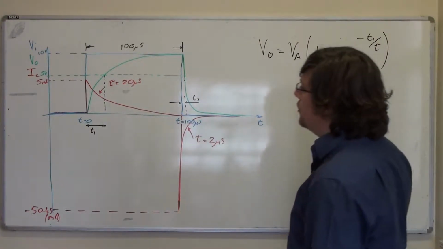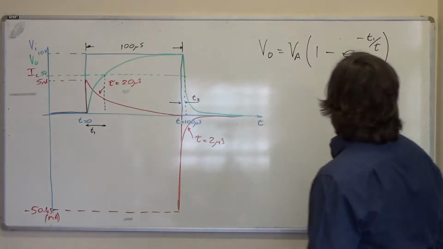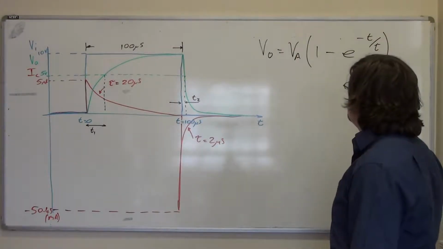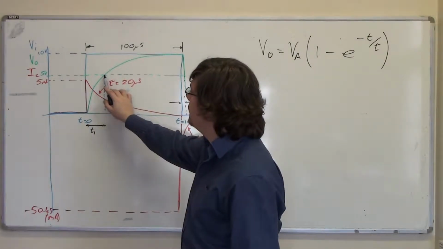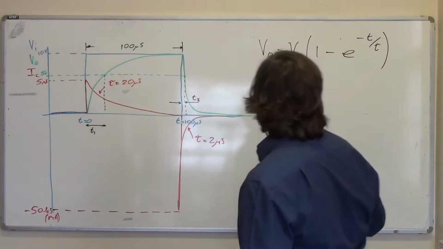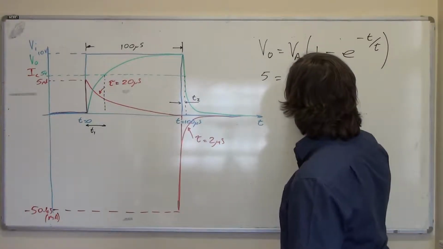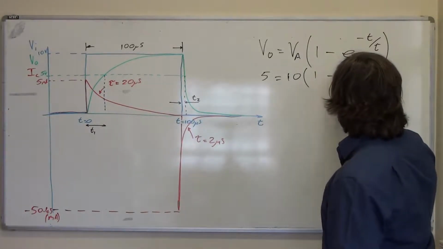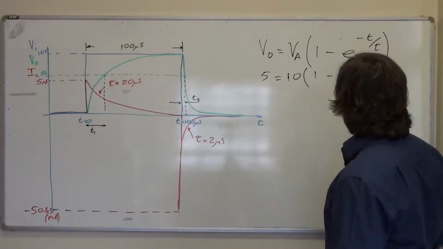It's actually any t you like, but we'll leave it as t for now, and then we'll substitute it later. So, we know what V out's going to be because it's 5. We're interested in this point here. So we'll have 5 is equal to 10, which is the aiming voltage, brackets 1 minus e to the minus t upon tau, close brackets.